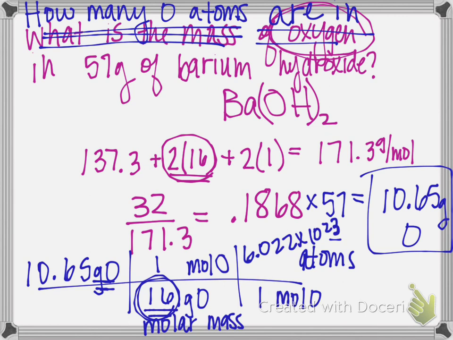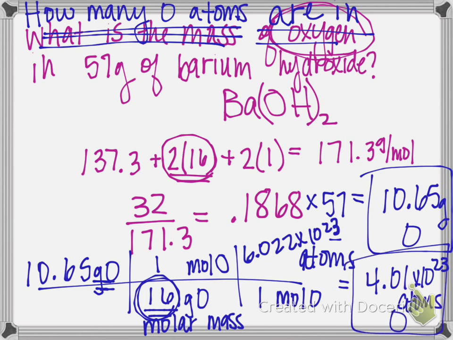If we're looking for atoms, we should be expecting a big number here. 4.01 times 10 to the 23rd atoms of oxygen.